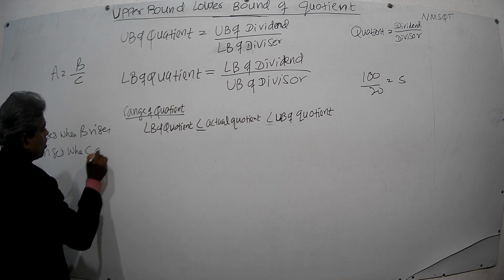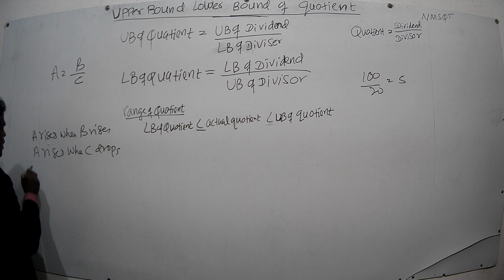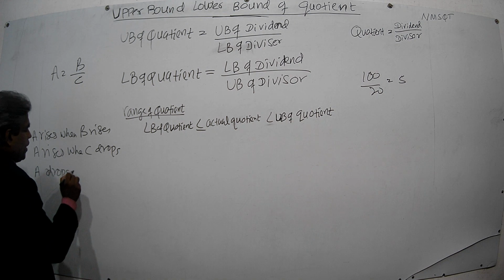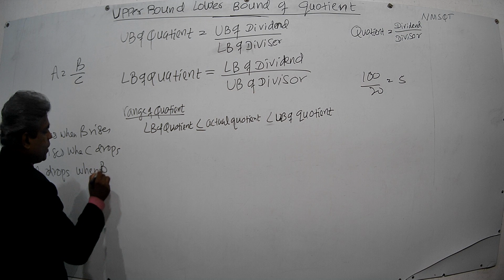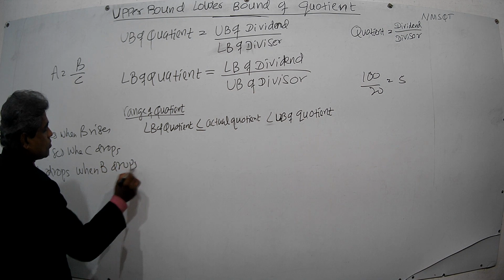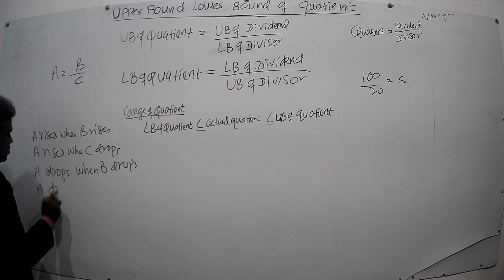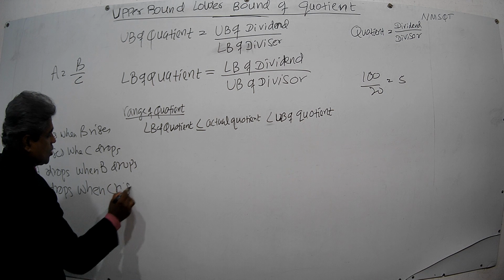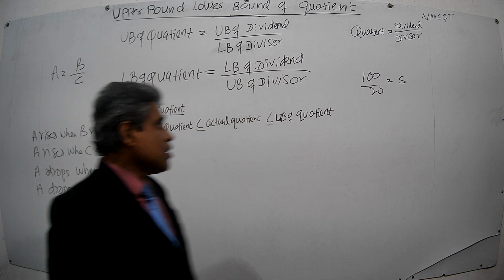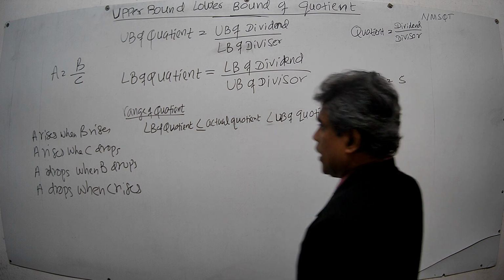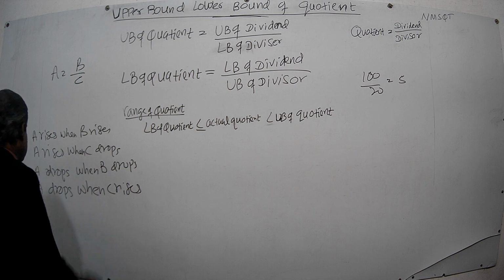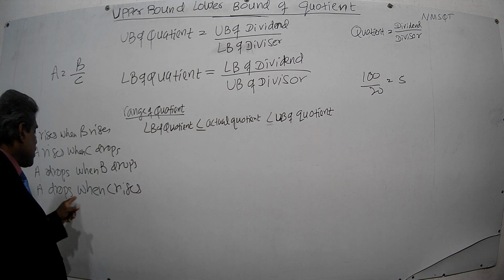A rises when B rises. A rises when C drops. A drops when B drops. And A drops when C rises. So these are the relationships.